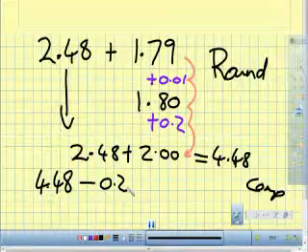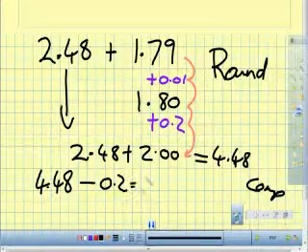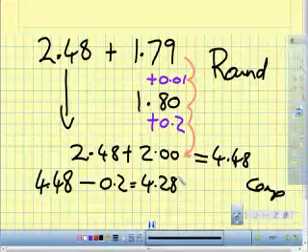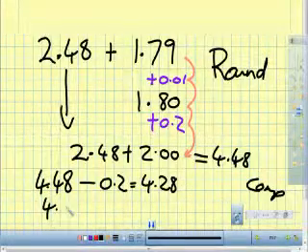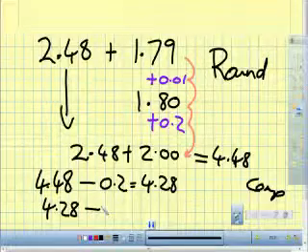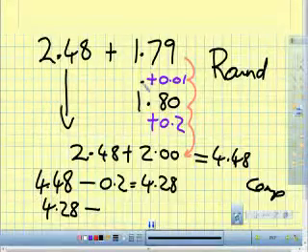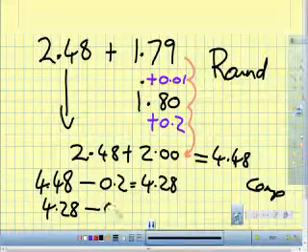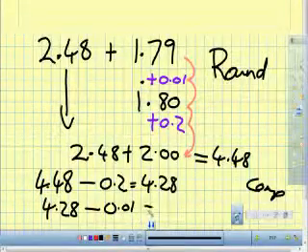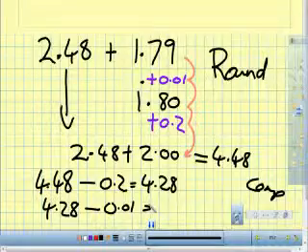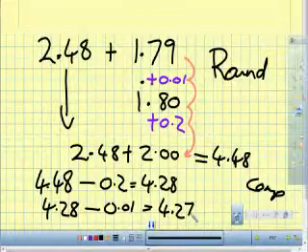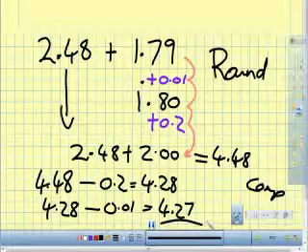So the 0.2 is going to come off the 0.4, give me 4.28. There we go. And now I've got 4.28, and I need to minus from up there the 0.01 I added, so that's going to come off the 8, so I'm going to get an answer of 4.27, and there's my answer.